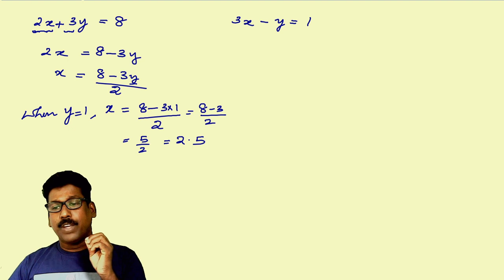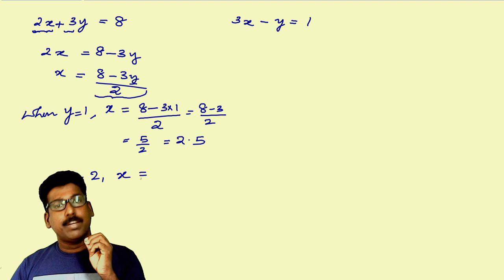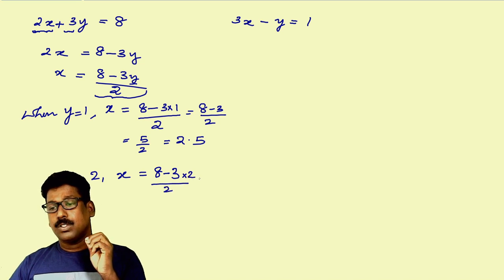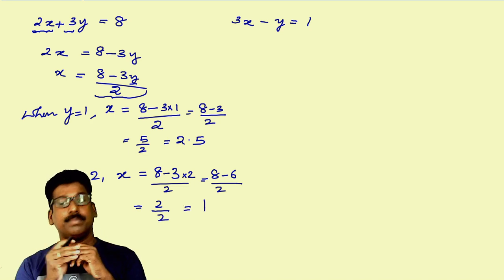Now, when y is equal to 2, what will be the value of x? You have to substitute y is equal to 2 in 8 minus 3y by 2. So it is 8 minus 3 into 2 by 2, that is 8 minus 6 by 2. 8 minus 6 means 2 by 2, which is equal to 1.